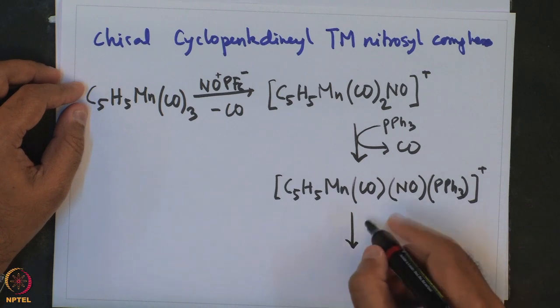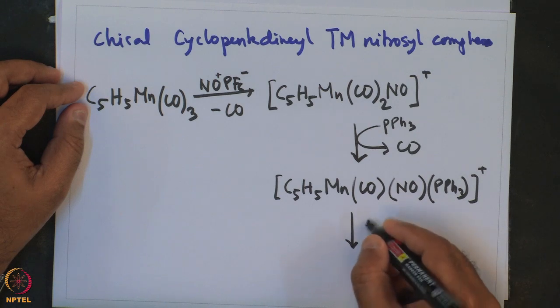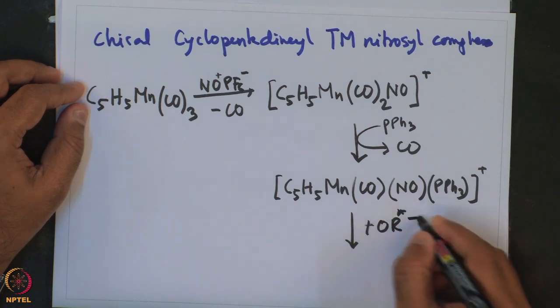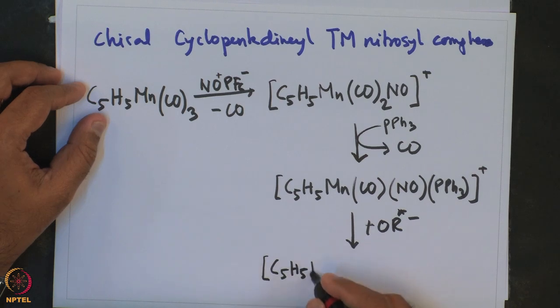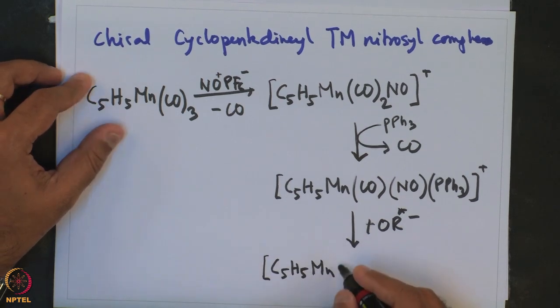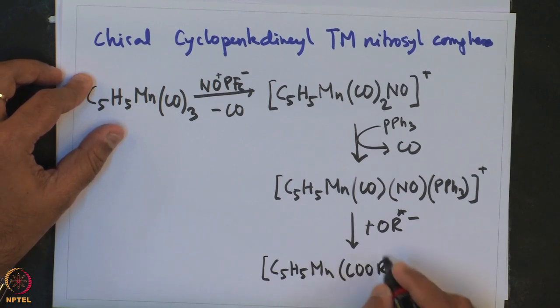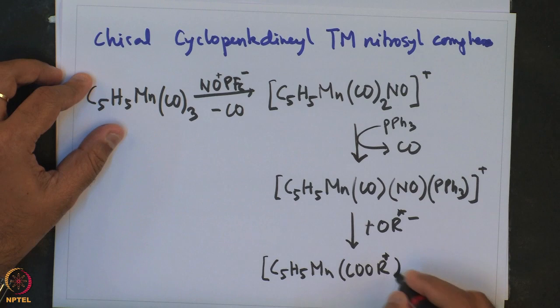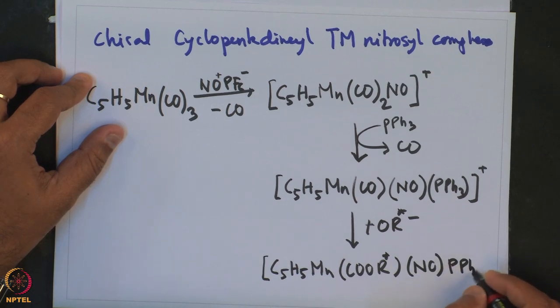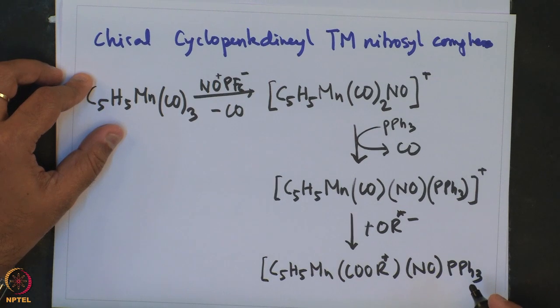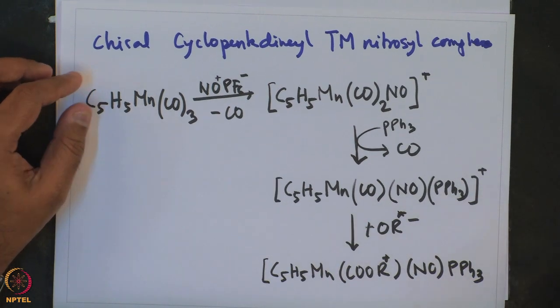That then reacts with any chiral nucleophile like RO* minus and produces the corresponding ester. Okay.